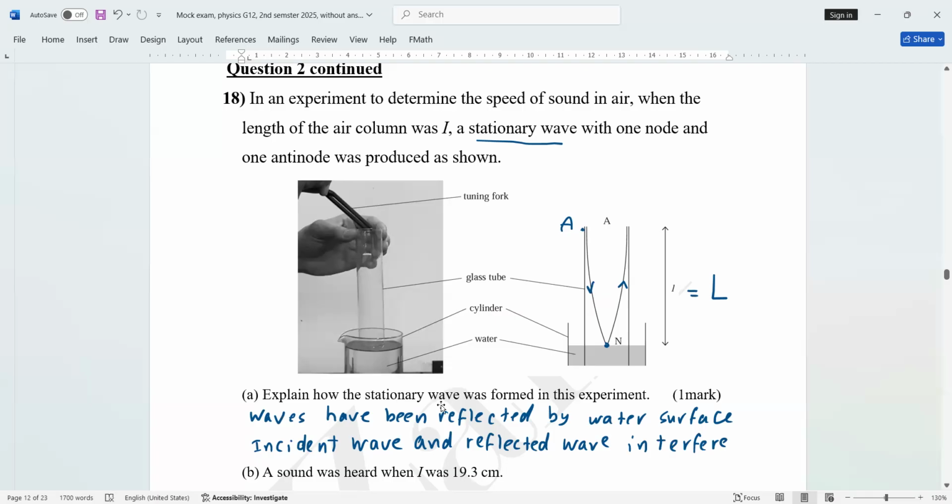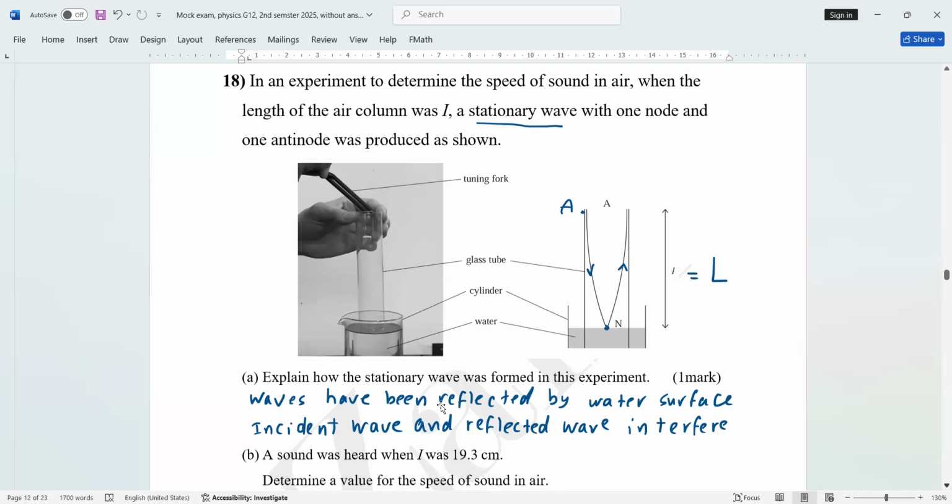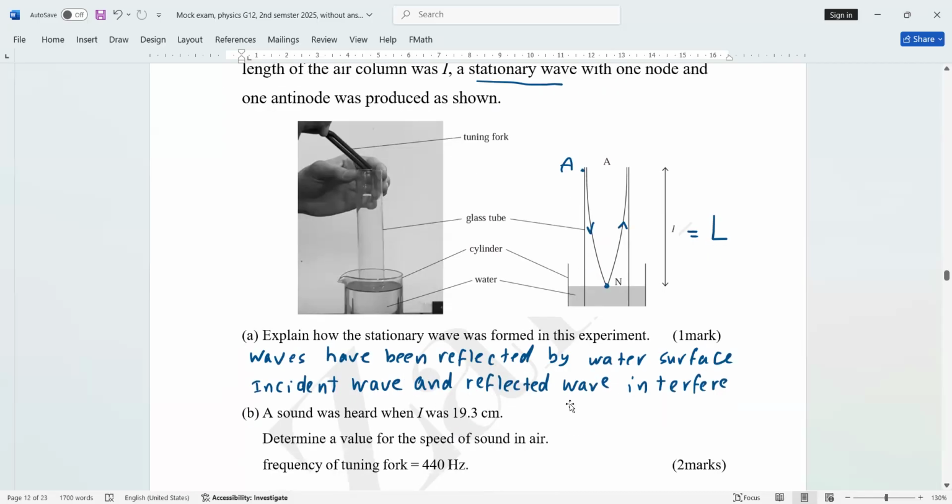Now, next question. A sound was heard when l, the length of the air column, equals 19.3 centimeter. We convert to meter, divide by 100, so it is 0.193 meter.